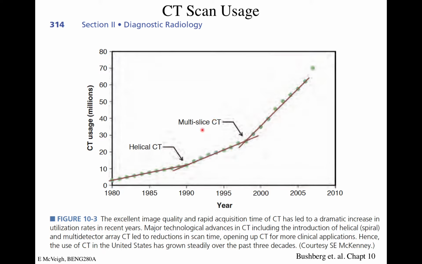And then we started seeing 2-slice scanners, 4-slice, 8-slice, 16-slice, 32-slice. Then it got to 64-slice. And the 64-slice VCT scanner by General Electric was the best-selling medical imaging technology ever, right? Because it's just so darn good.